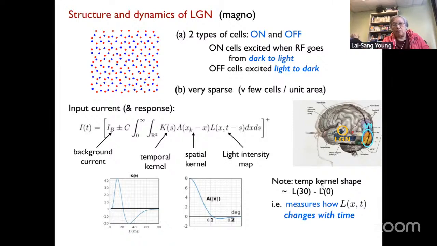So the temporal kernel, when you convolve with it, is roughly like looking at the situation roughly 30 milliseconds earlier, subtracted from that situation. So that's how you detect change. You convolve with something like taking a derivative without letting the denominator go to zero. It's always about 30 milliseconds. So when convolving with this, this is how you get light to dark and dark to light, depending on the sign here.